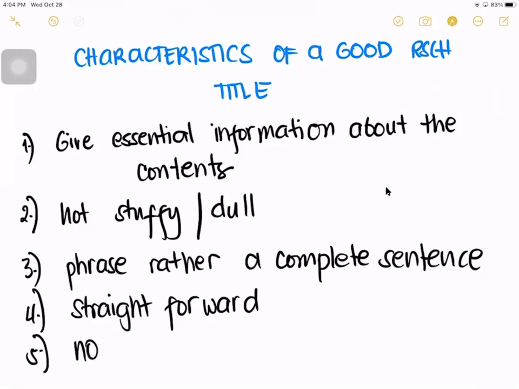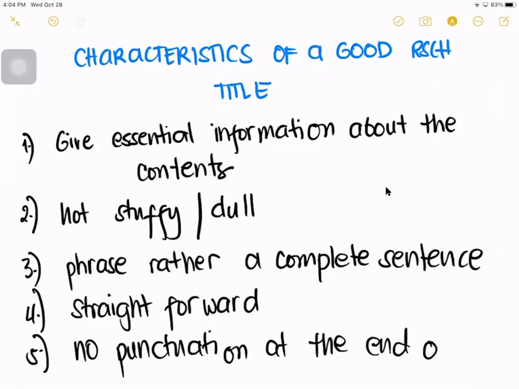So no punctuation at the end of the title. That is one of the important elements that we have to understand. So again, these are the essential characteristics of a good research title.